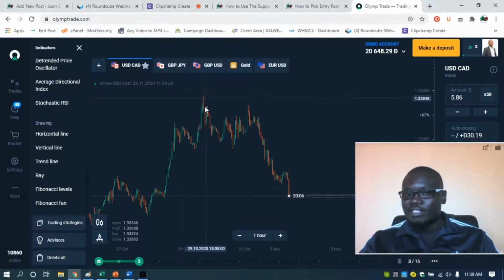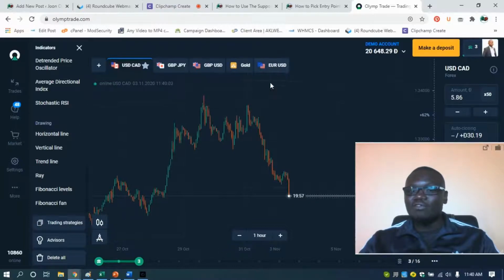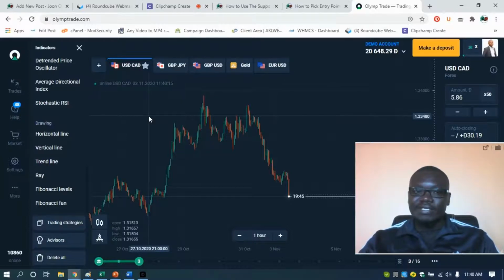They have hit it once, hit it twice, and by the look of things, they couldn't go past this level, so they bounced back towards the opposite side. Those are the best levels that traders look for to enter the market.